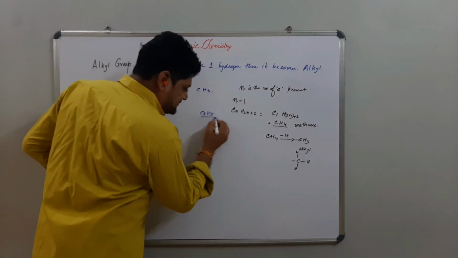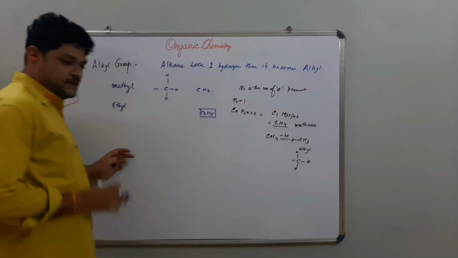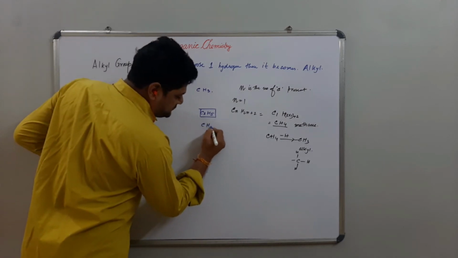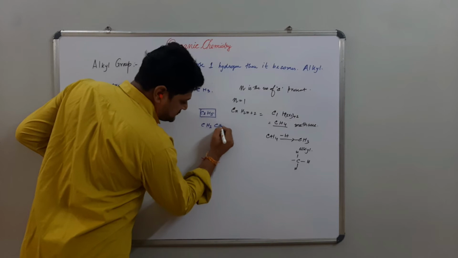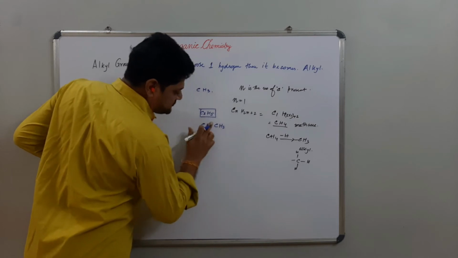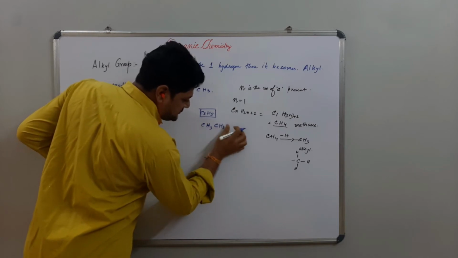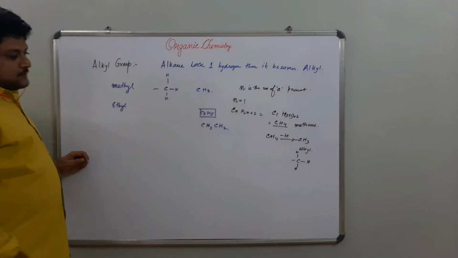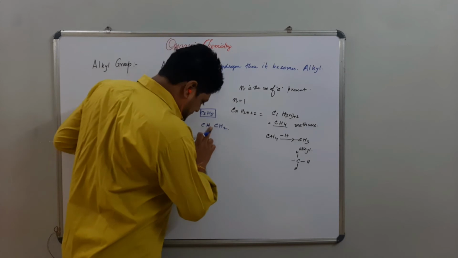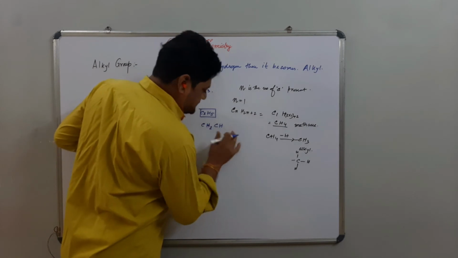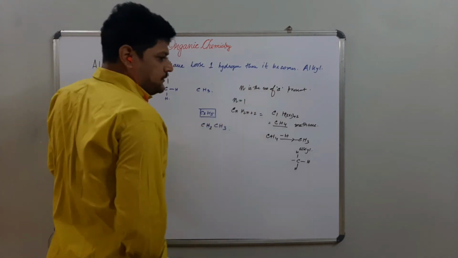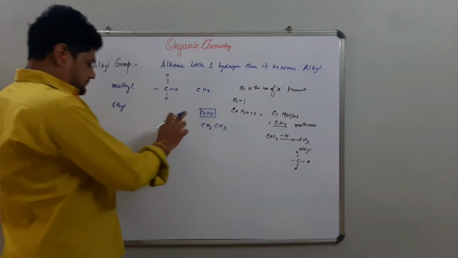If this is the structural formula and you abbreviate it, it becomes CH2CH3, or CH3CH2. If you write CH2 over here and CH3 over here, then it becomes easier to attach one group to this ethyl.